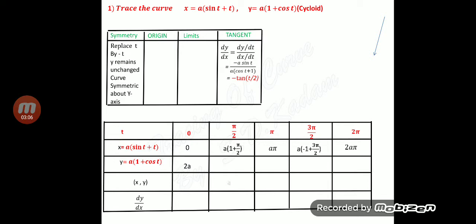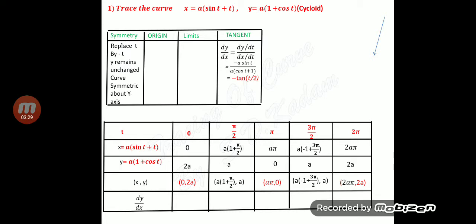Similarly, for y, if you put 0, we get cos 0 = 1, 1 plus 1 is 2, so 2a. In the same way, we can find the remaining values, and therefore we get the points 0 to a and the remaining points. Now by observation we have to write whether the curve passes through the origin or not.